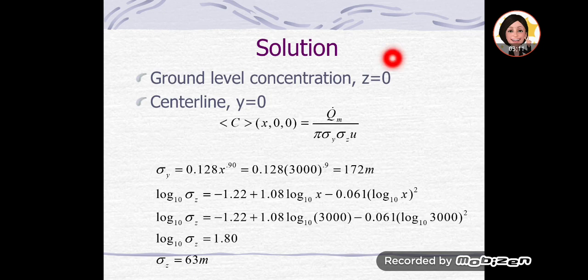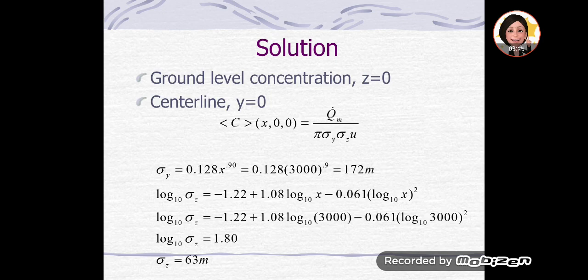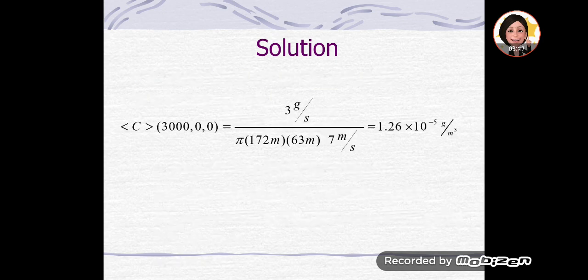Because these two terms are 0, this part of the equation becomes 0, so we are left only with the first part of the equation to solve. Now we have all the informations, so we just substitute into the equation and we get the results.